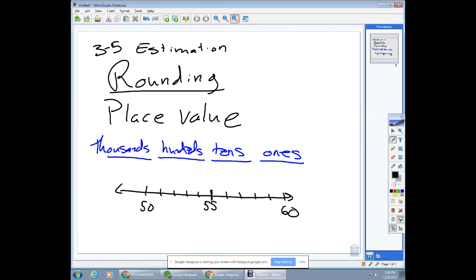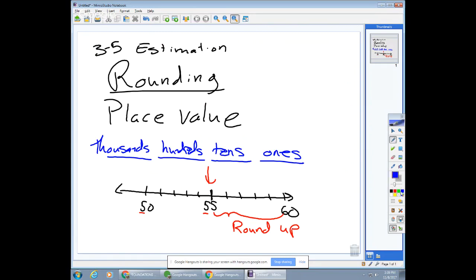If we have a number in the 50s, for sure it starts with a 5. Now, 55 is kind of in the middle. And so when we talk about rounding, if the digits are from 55 and above, we say we round up, right?